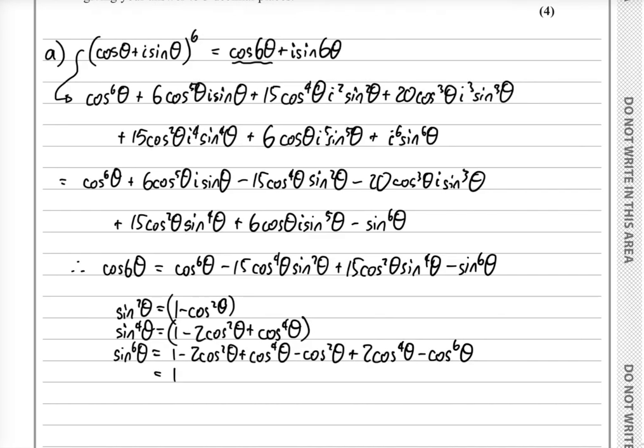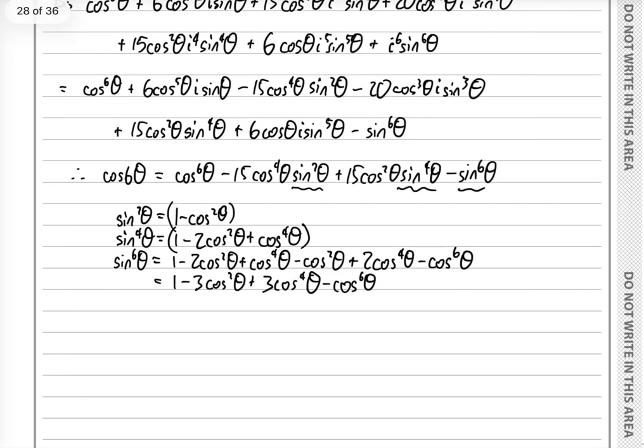And I can simplify that a little bit. I've got minus 3 cos squared thetas plus 3 cos^4 thetas and a cos^6 on the end. Substituting those in here, here, and here, that gives us cos 6 theta. It's a lot of writing in this one, but it is very systematic.